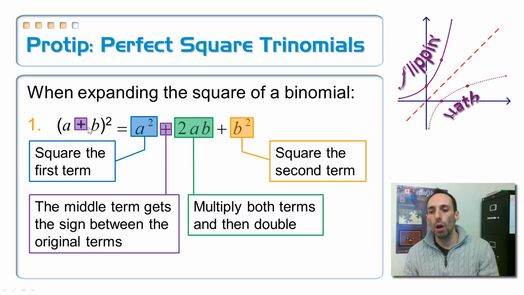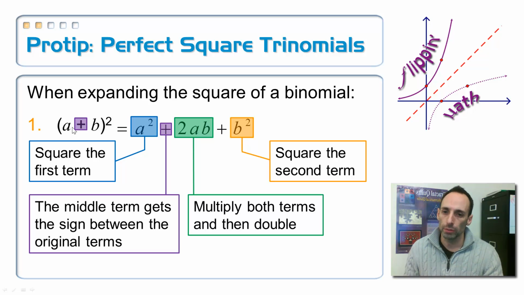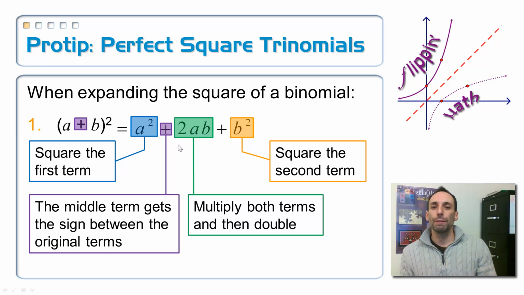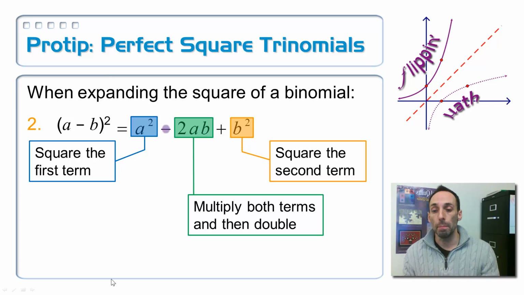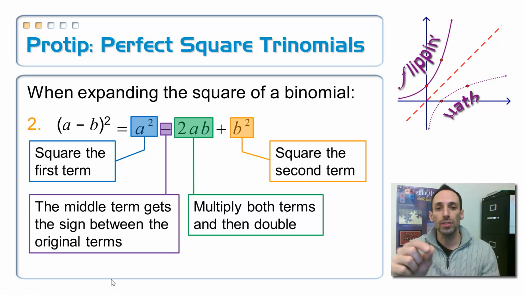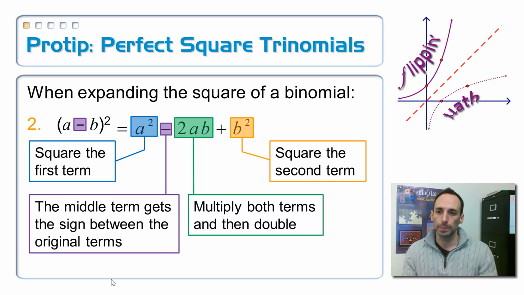It is the product of the 2 terms inside the parentheses and then doubled. A times b and then doubled. This one gets a plus sign in front of that term because I started with a plus sign. So the only difference between this one and the minus is that you're going to get a minus in front of the middle term because we started with a negative sign.